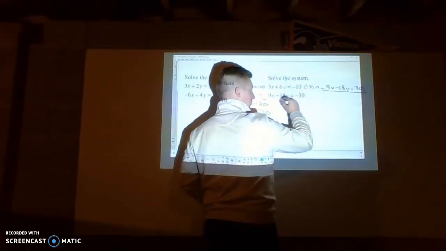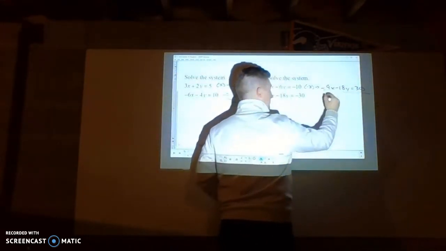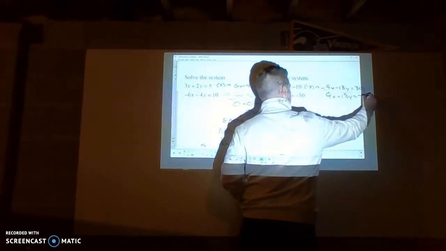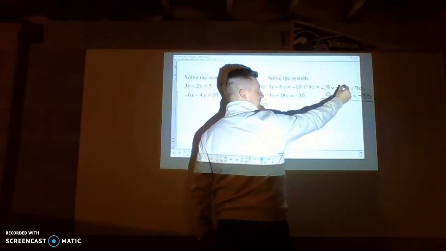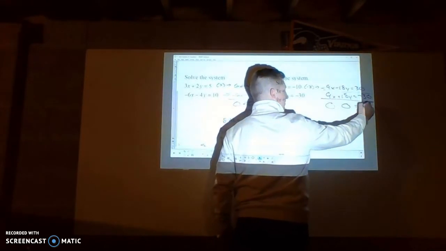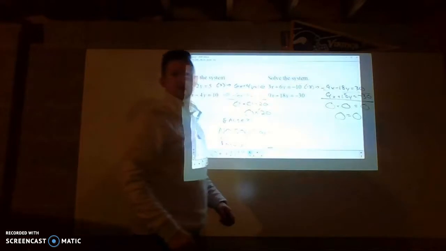The other one is 9x plus 18y equals negative 30. If I put these two together, negative 9x plus 9x is 0, negative 18y plus 18y is also 0, and 30 minus 30 is also 0. So what I've got is 0 equals 0.